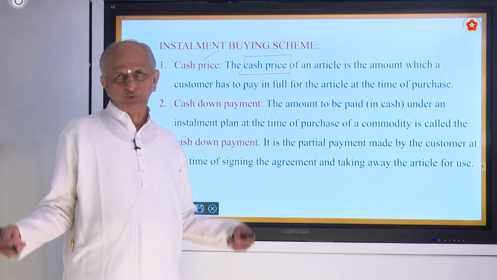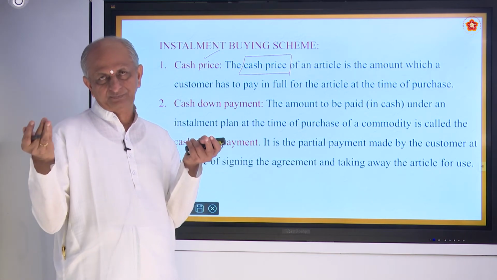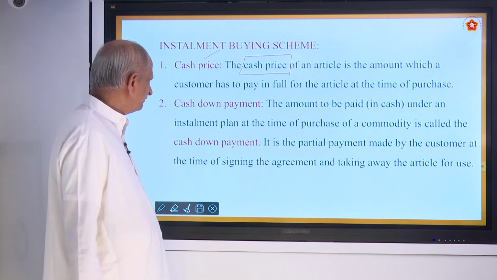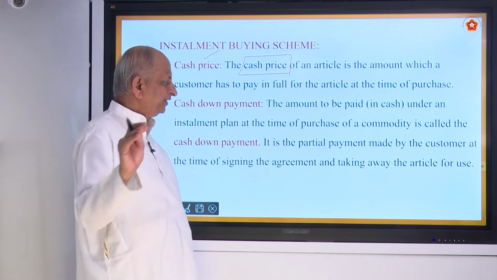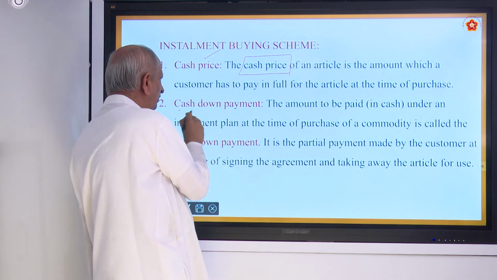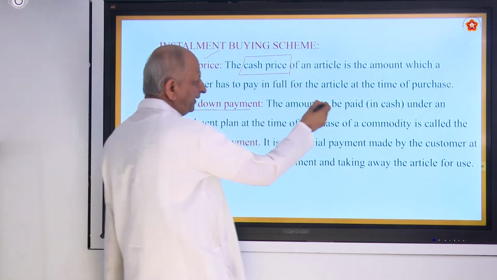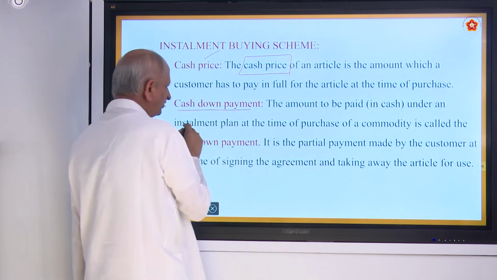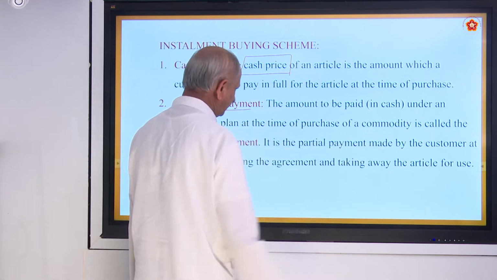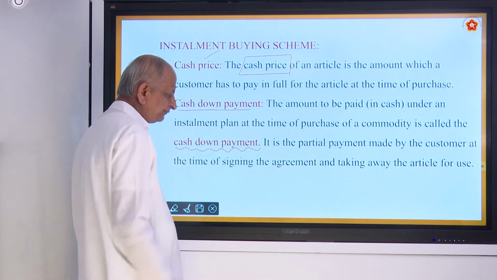Suppose 1 lakh is the cost of a bike, some of them give all 1 lakh and then purchase it fully. That is also possible. Suppose they are not able to give, then some partial amount they give, that is called cash down payment. The amount to be paid in cash under an installment plan at the time of purchase of a commodity is called cash down payment.